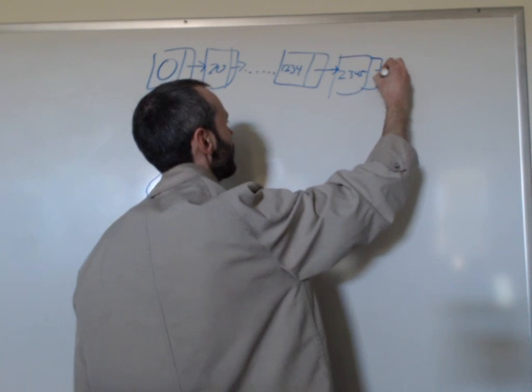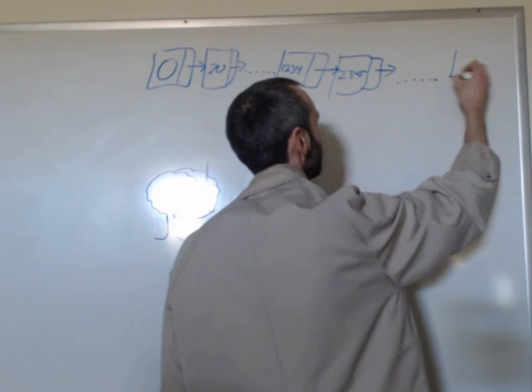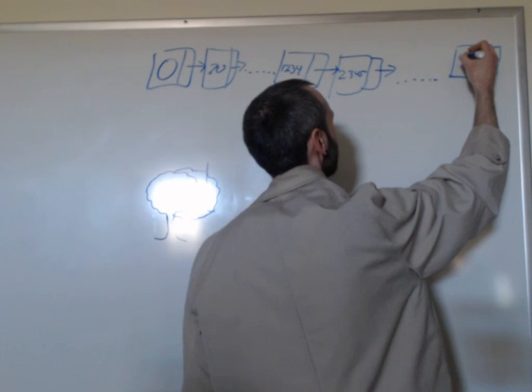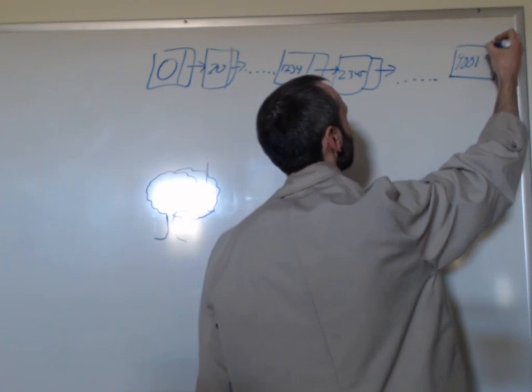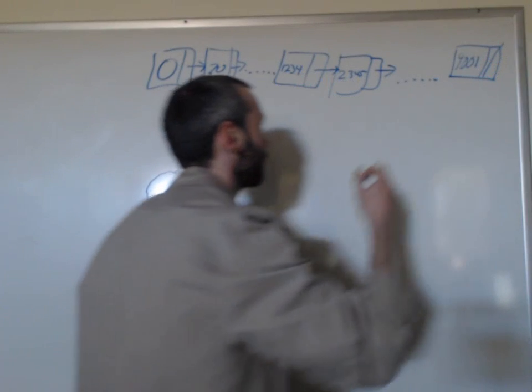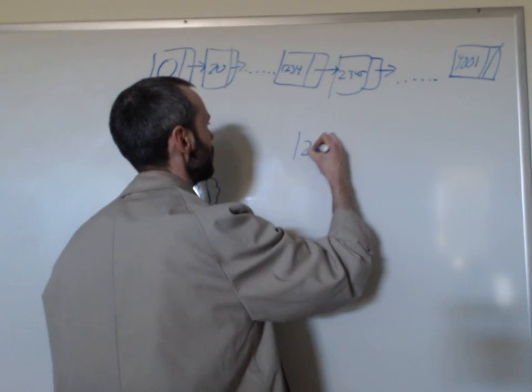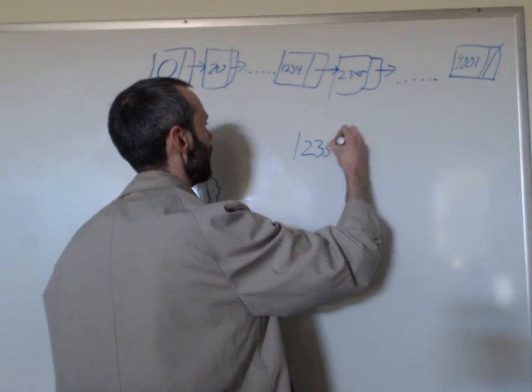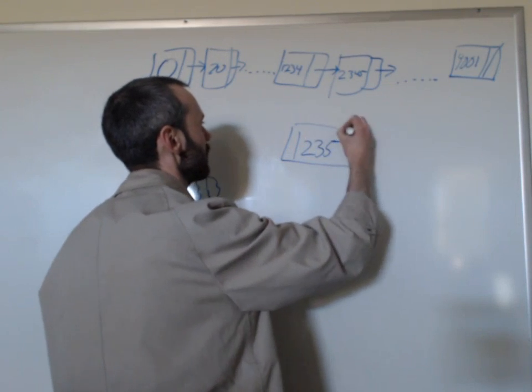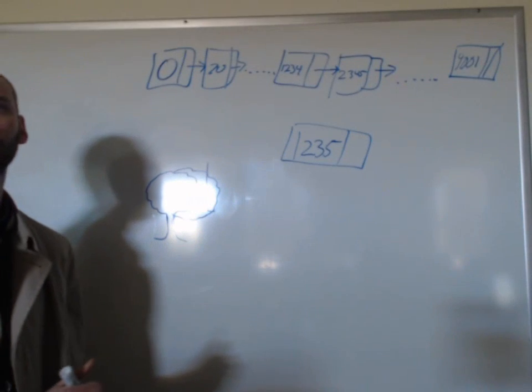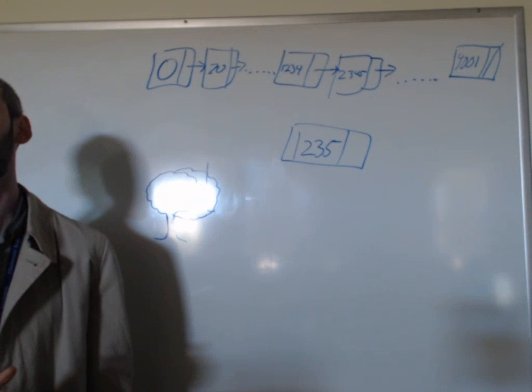And that would point to a lot of other items, and then maybe we're ending with over 9,000. If we want to insert 1, 2, 3, 5, pictorially, what would we have to do? Just put it in there.